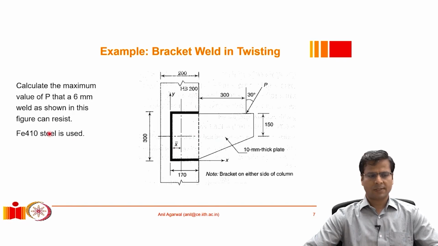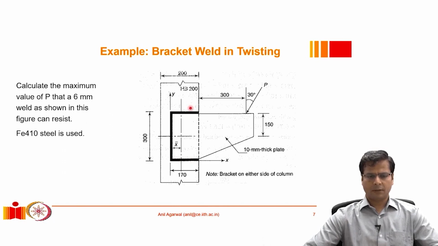The steel that is used is Fe410, so its ultimate stress is 410 MPa. The weld dimensions are mentioned. The horizontal portion of this weld is 170 millimeters. This is a fillet weld, and the vertical component of this weld is 300 millimeters. So one vertical leg and two horizontal legs.